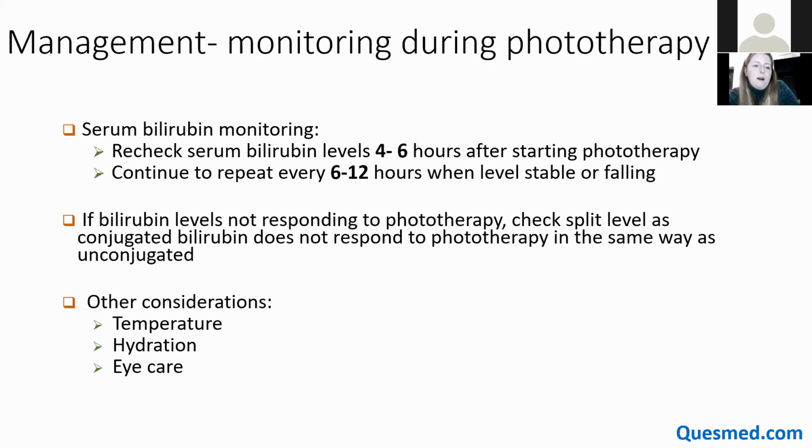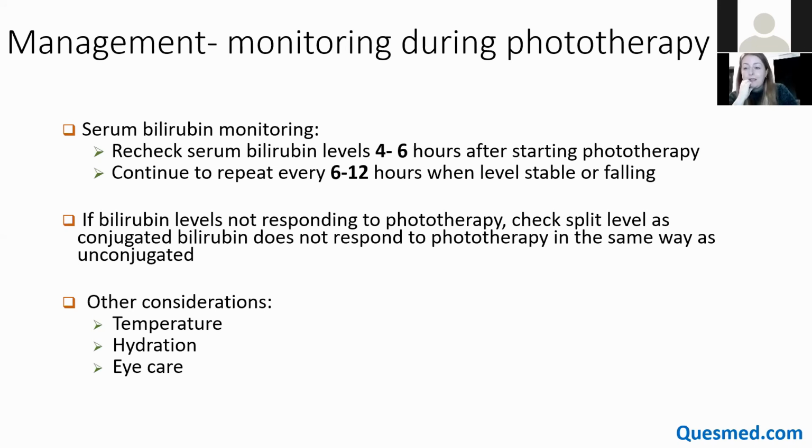So serum bilirubin monitoring. Essentially, once the baby's on phototherapy, you're going to want to be continuously rechecking the bilirubin. It's just how often do you do that? After initially initiating it, you want to recheck it within 4 to 6 hours. That will probably depend upon how worried the consultant is about the baby.